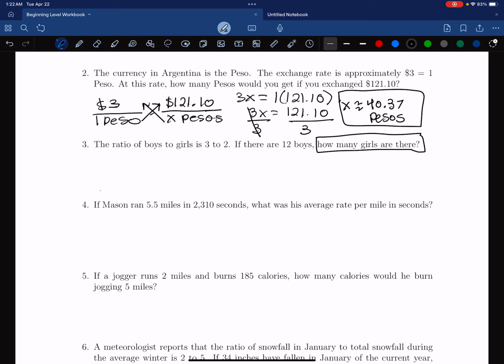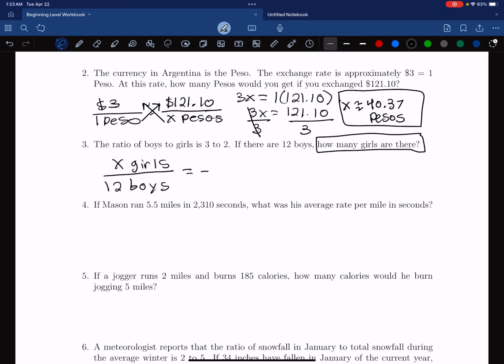So I'm going to write this first proportion as we know that there's a total of 12 boys. And we want to know how many girls there are. So we're going to write X girls, because that's what we're going to want to solve for.